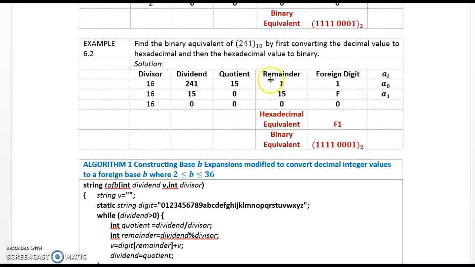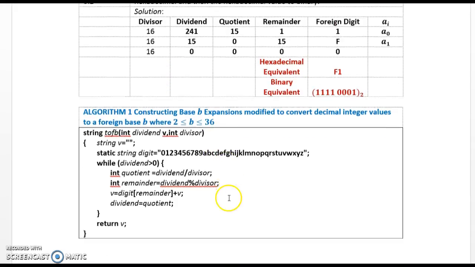So converting it to hexadecimal, we get a value of F1, and then by the table that we store in our head, F goes to quadruple 1 and 1 goes to 0001, and so this way makes fewer mistakes.